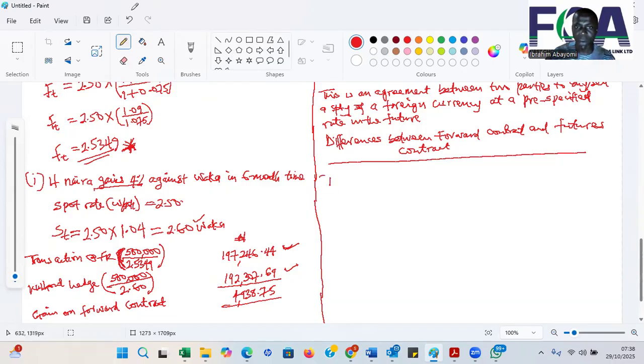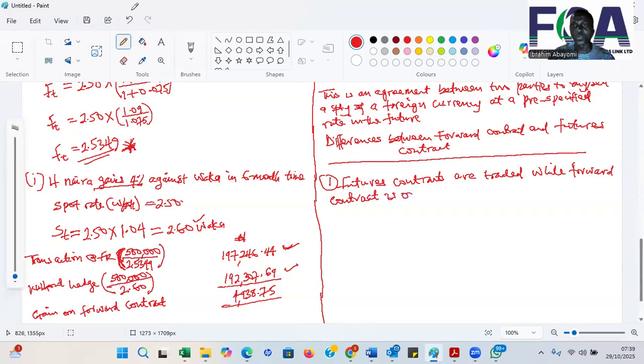One, futures contracts are traded, while forward contract is over the counter.